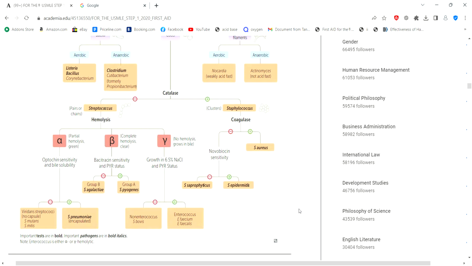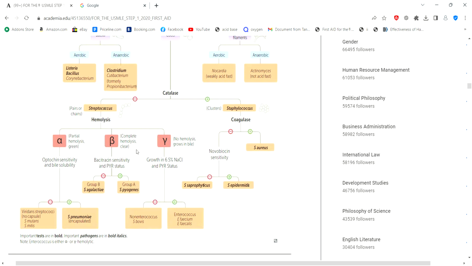So it will get destroyed by optochin, and Streptococcus pneumoniae is also bile soluble. Viridans streptococci has no capsule. Strep pneumoniae is encapsulated.